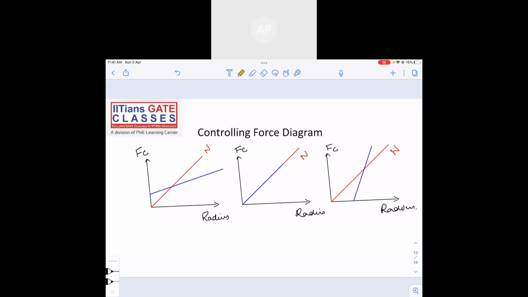If I take two points, let us first discuss the first one. If you consider this first one, as we move from a lower radius to a higher radius.